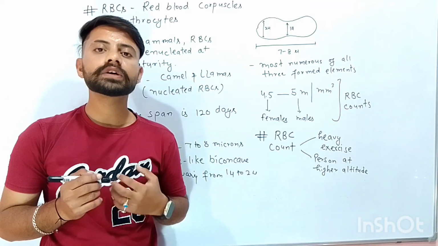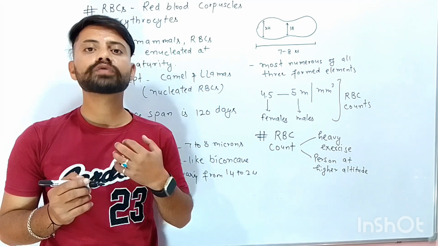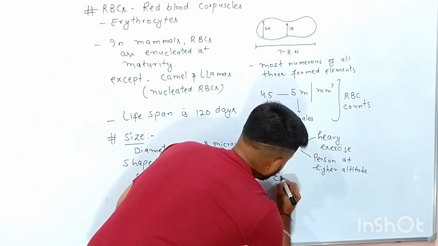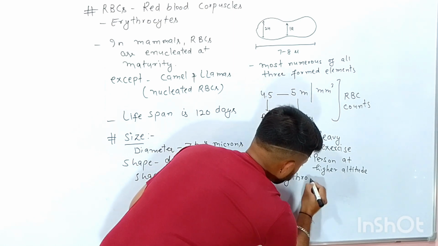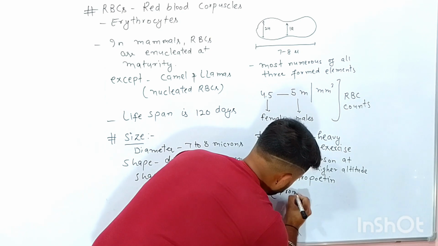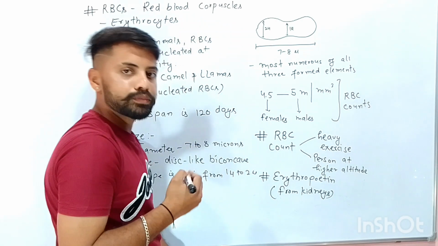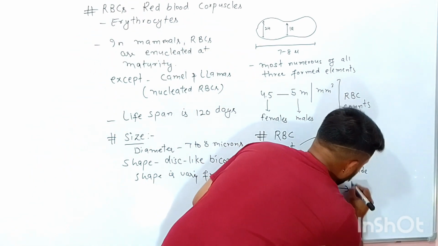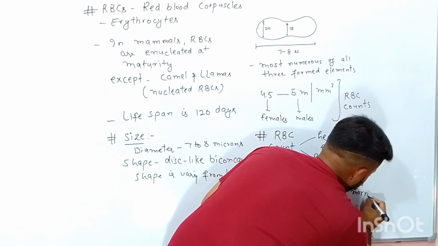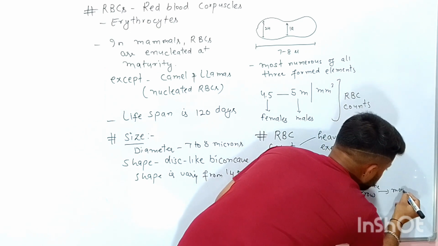Now how does this RBC count increase? It is done with the help of a chemical released from the kidneys, that is erythropoietin. Erythropoietin from the kidneys triggers the red bone marrow to form more RBCs.